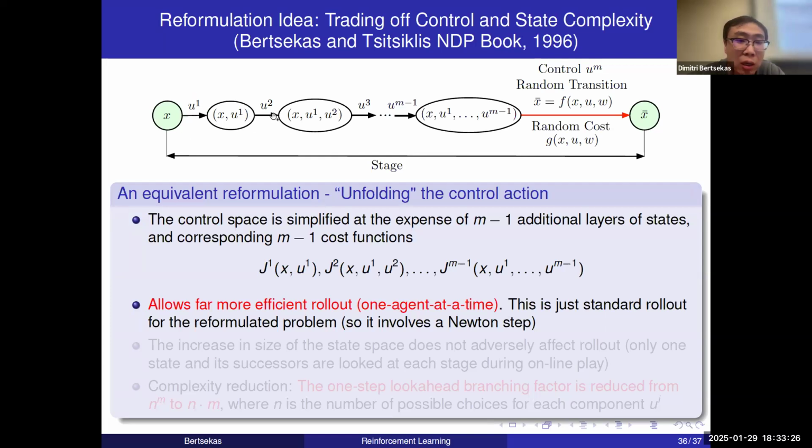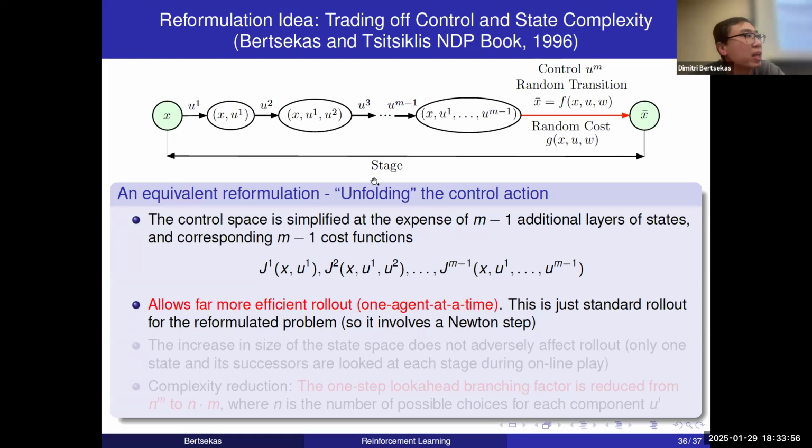How do we deal with U2 and so on when we are computing U1? How do we deal with all the subsequent ones? That will be clear shortly. So this allows far more efficient rollout, and it's just standard rollout for the reformulated problem. So it is a Newton step applied to solve this reformulated problem.